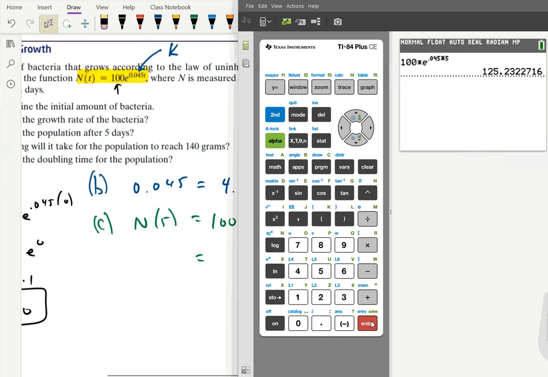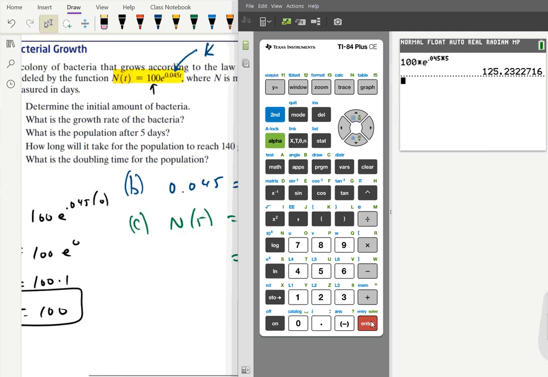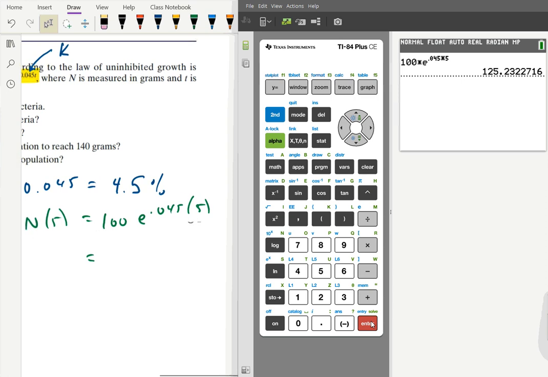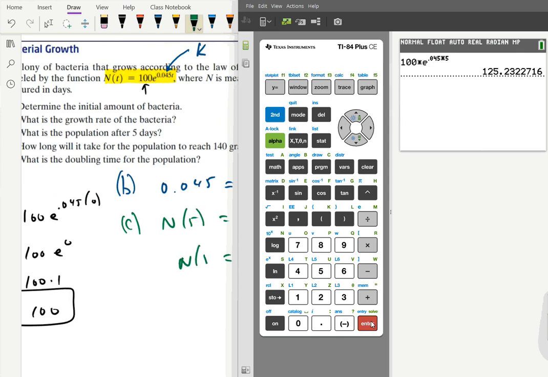We weren't asked for a particular number of decimal places, so we'll just round this off to one place. 125.2 is the number of cells that we have after 5 days.